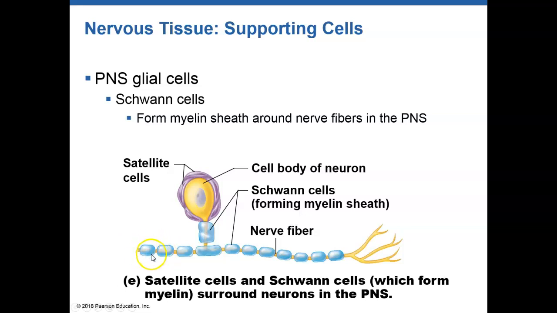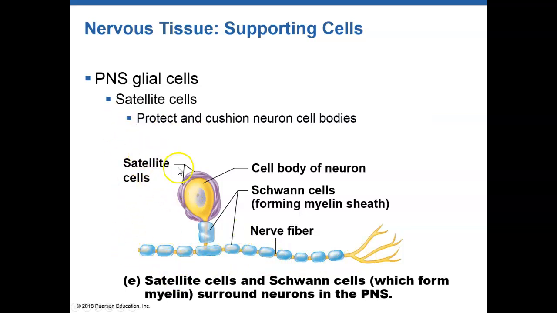That's it, one small wrapping. Because of that, we have little intermediate areas where there's no wrapping between the myelin sheath of each Schwann cell. Those regions are called the nodes of Ranvier. They help assist the action potentials to move along neurons in the PNS.